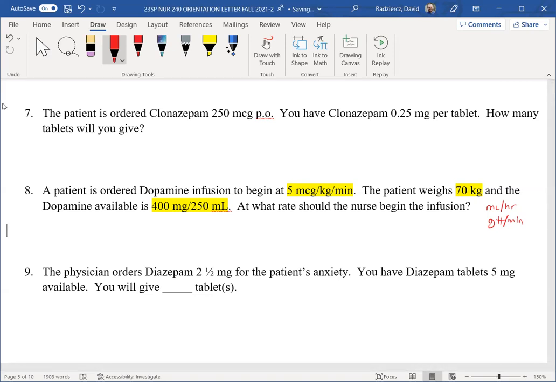All right. So if I'm going to do this the full way, we're going to piece this out. So I'm still going to start with the patient at 70 kilograms. We don't need to convert pounds to kilograms because it's already in kilograms, but we're still going to multiply by the 5 micrograms per kilogram.